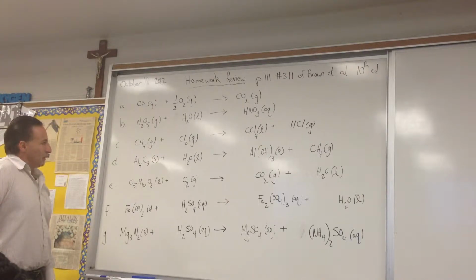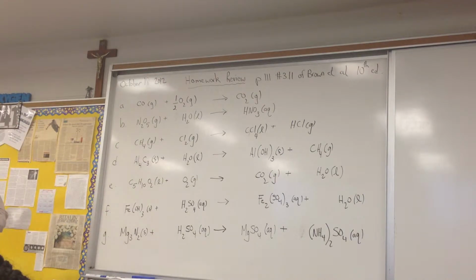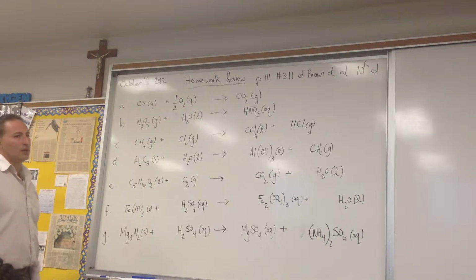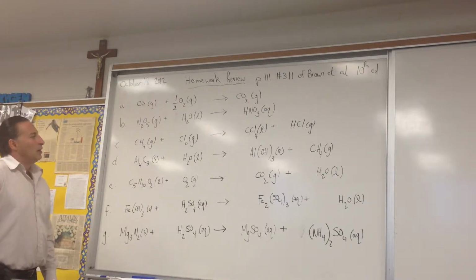For B, we have dinitrogen pentoxide reacting with water to form nitric acid. What would be the first thing you would look at to start balancing something like that? Look at how many different elements you have. Each element. Okay, what you do is you pick one element and start toying with that idea.